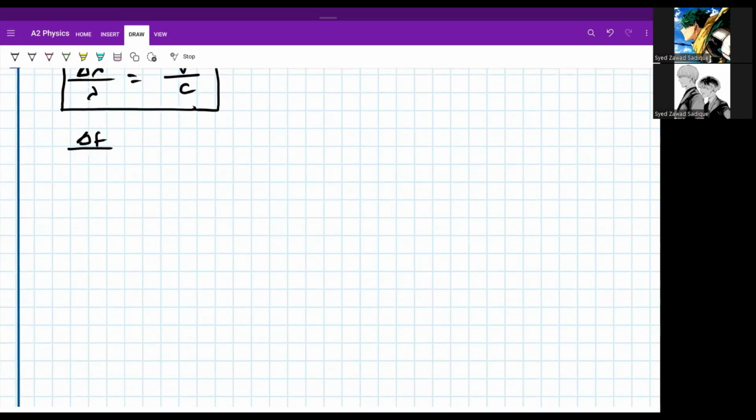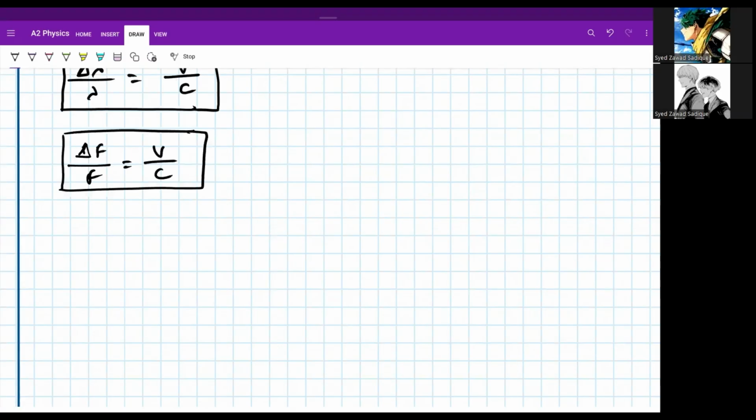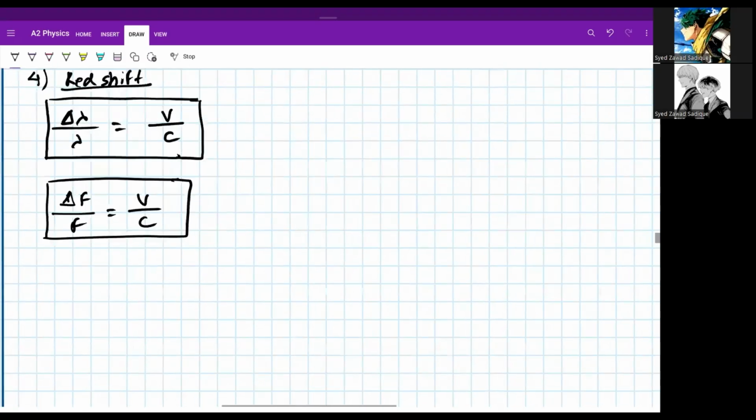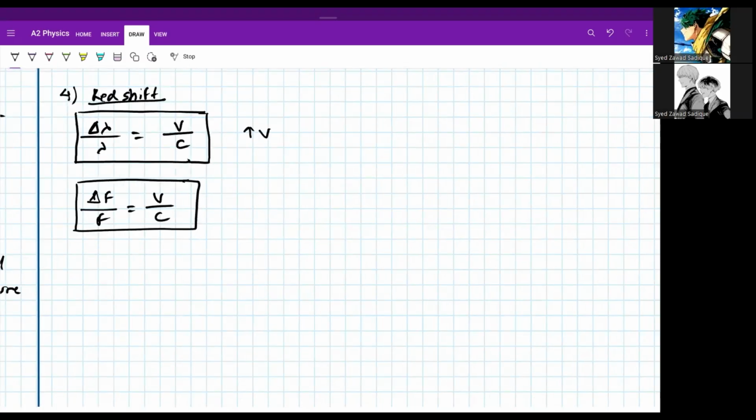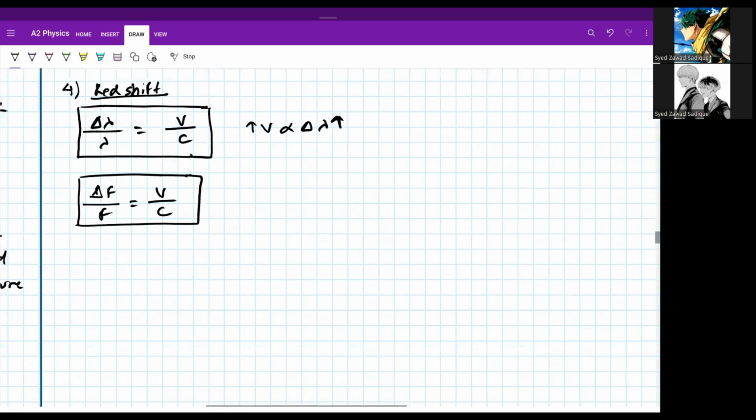There are two formats. Change in frequency by frequency is equal to V by C. If velocity increases, velocity is proportional to lambda, so velocity increases, lambda increases.